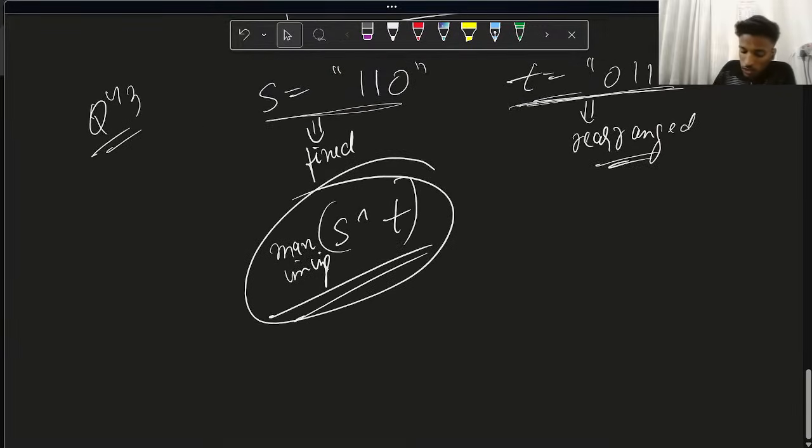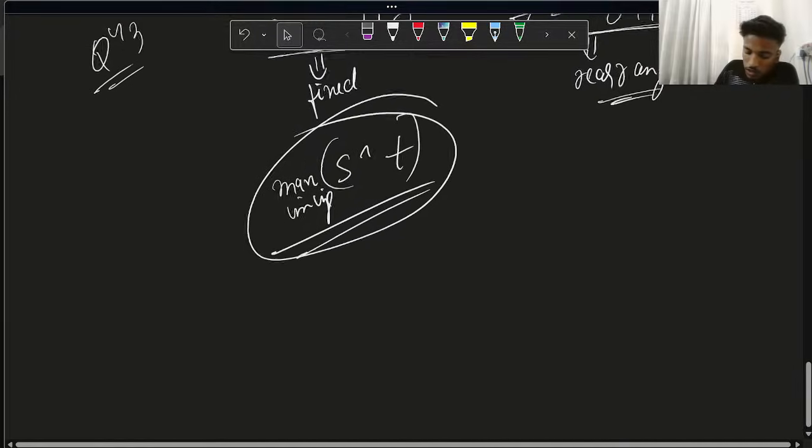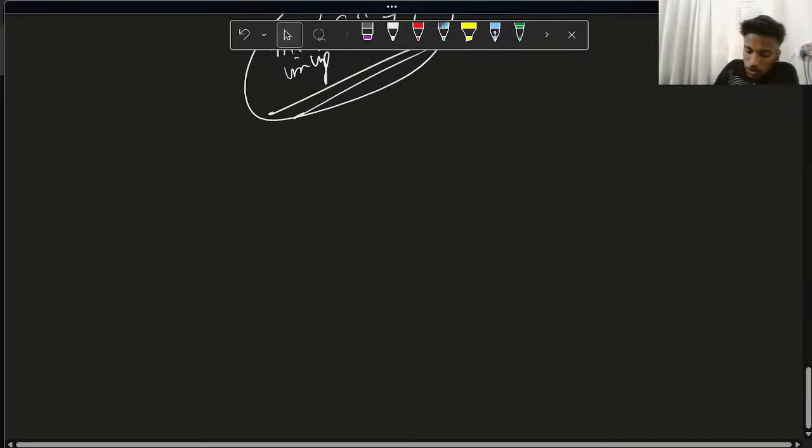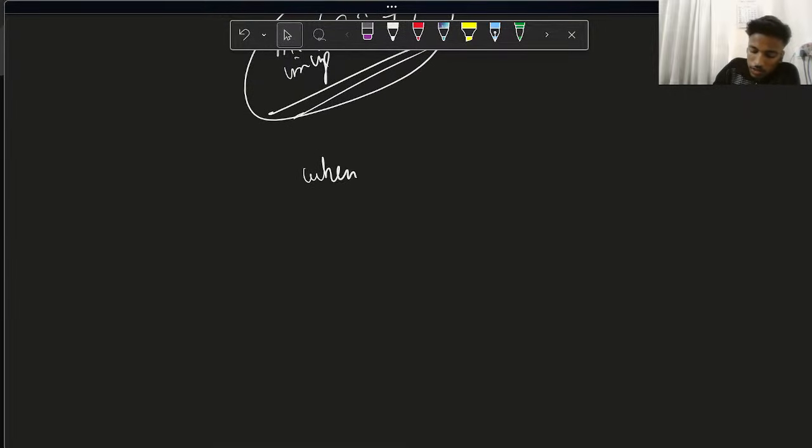So initially, what you are given is this. How will you maximize XOR? When is XOR maximized?